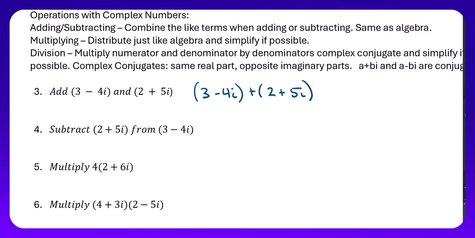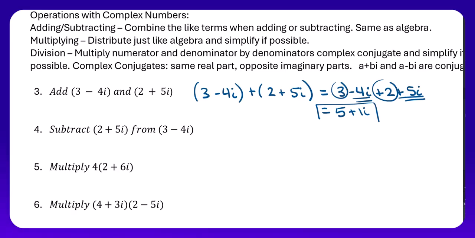There's nothing to distribute, so it's 3 minus 4i plus 2 plus 5i, and we add the like terms together. So the 3 plus 2, we get 5. The negative 4i plus 5i will make it a plus 1i. And there is the result of adding them together.